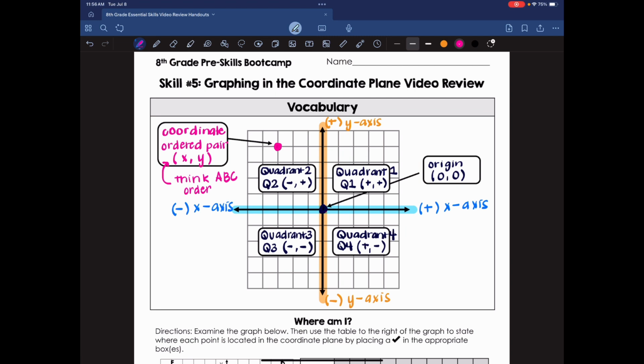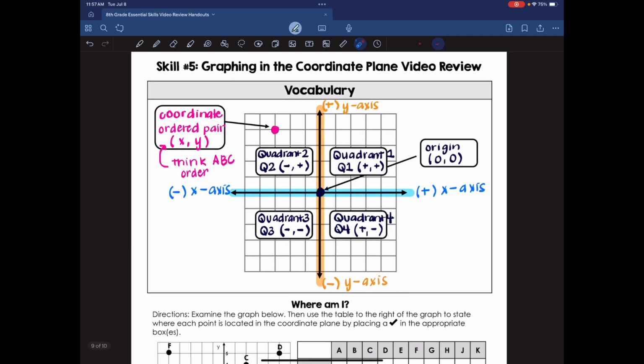We've got the origin where we start graphing, and we'll go into more detail in the next video about how we actually plot our points. But we always start from the origin. The x and the y axis: x is horizontal, y is vertical. So horizontal x, vertical y. And it makes up these four quadrants, these four areas of the graph that you're going to end up plotting.